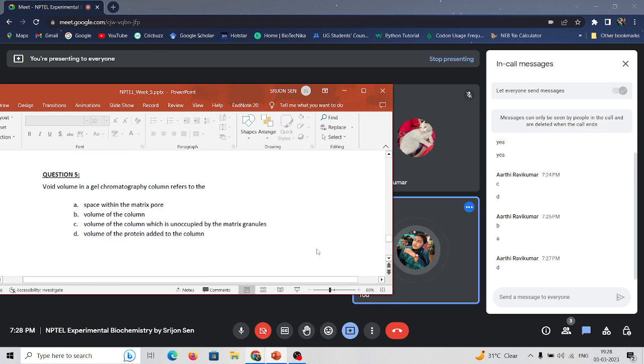Okay, no problem. Void volume in a gel filtration chromatography column refers to the... So what is a void volume?